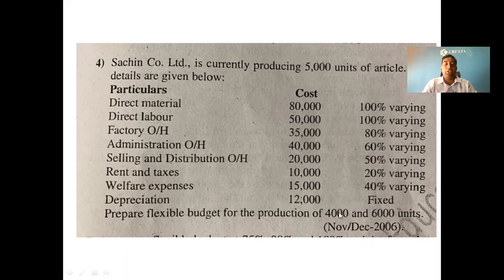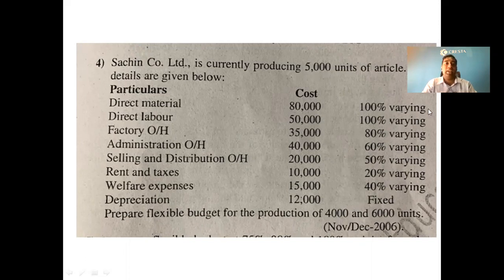Hope you remember, you are supposed to prepare the flexible budget for 4,000 units, 5,000 units, as well as 6,000 units. So one more thing you can observe here, every cost component which is given in the problem has a variable percentage.